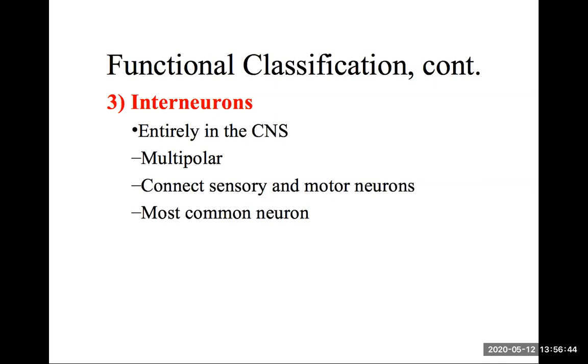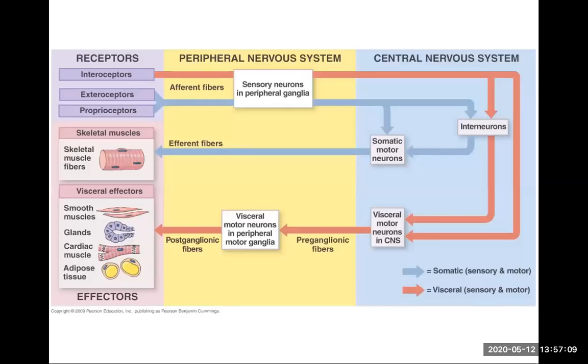They are multipolar. Remember, that is the most common type of neuron in the central nervous system. And these guys connect up the sensory and the motor neurons. If you counted every neuron in the body, you would find that the majority of them are in this category. They are interneurons.